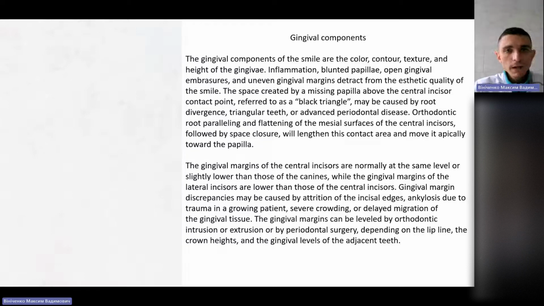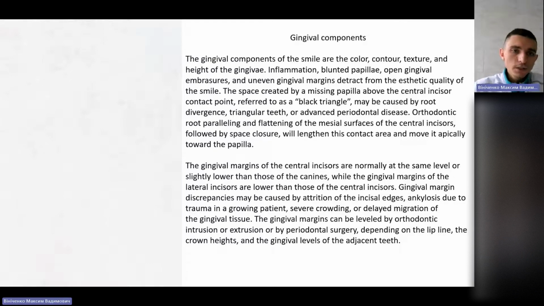The space created by a missing papilla above the central incisor contact point, referred to as the black triangle, may be caused by root divergence, triangular teeth, or advanced periodontal disease. Orthodontic root paralleling and flattening of the mesial surfaces of the central incisors, followed by space closure, will lengthen this contact area and move it apically toward the papilla.